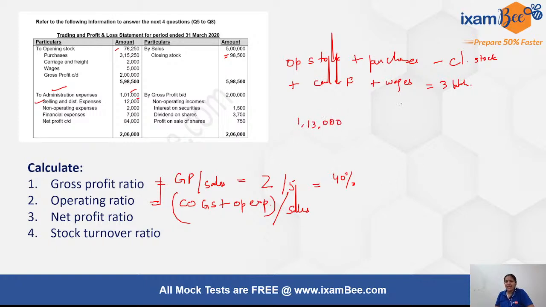So 3 lakhs plus 1 lakh 13,000, so 4 lakh 13,000 becomes my total. This now I have to divide by my sales, as I mentioned, right? This is all a part of your 5 lakh as a percentage of sales, and this gives me approximately 82.6%.